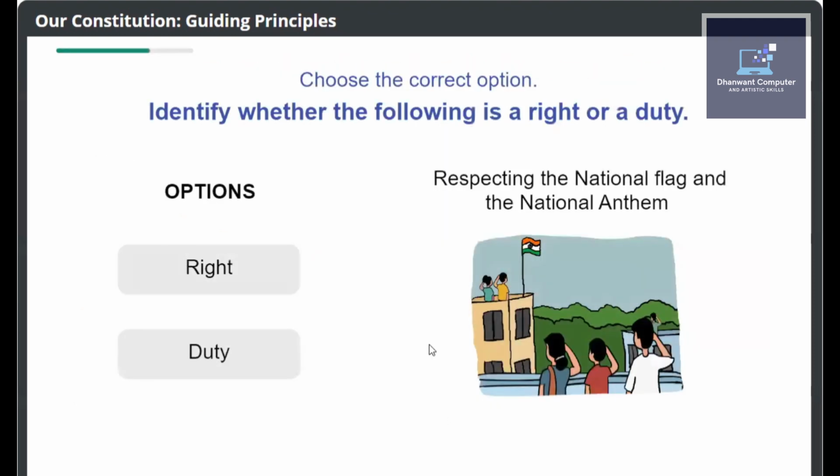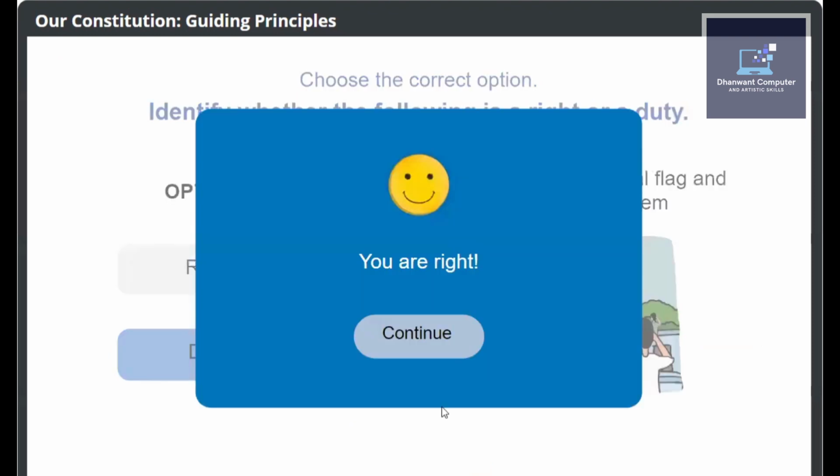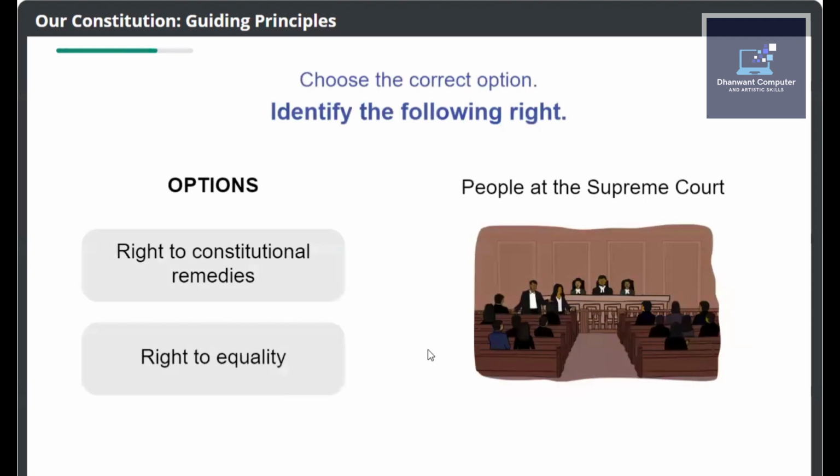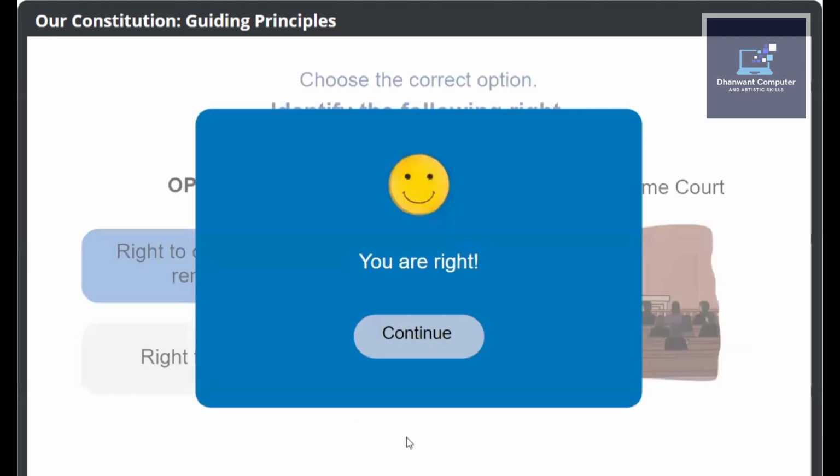Choose the correct option. Identify whether the following is a right or a duty. You are right. Choose the correct option. Identify the following right. You are right.